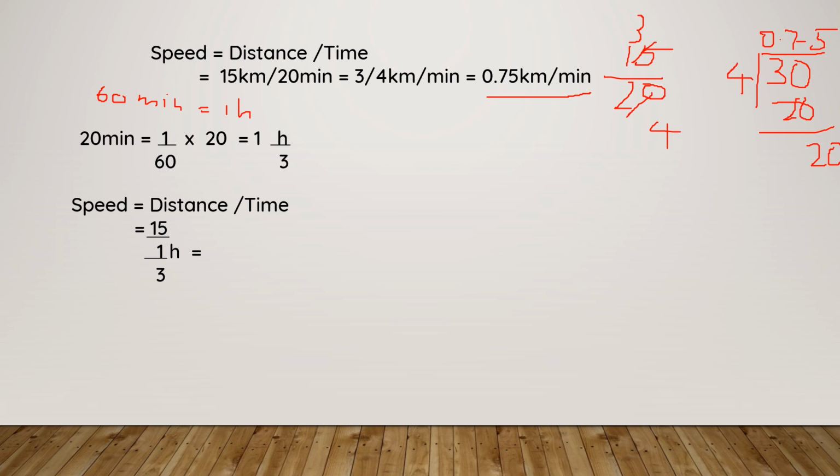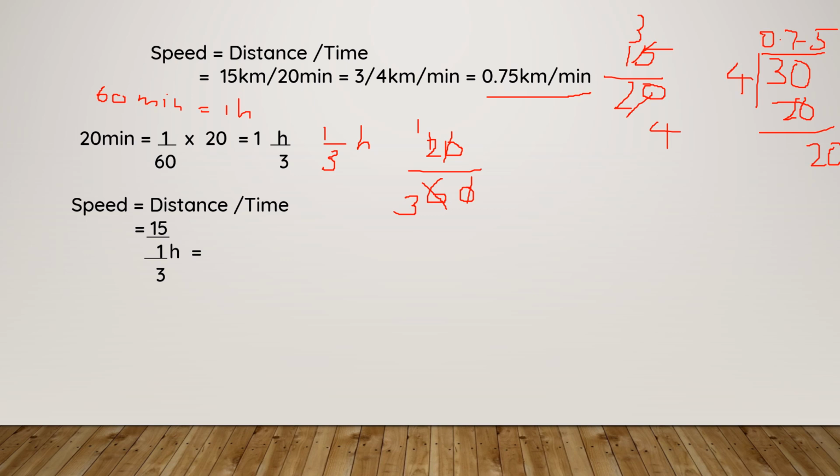So 20 by 60. We cut this 0, 0 and 2 one time and here 3. So 1 by 3 hour. So we convert this 20 minute to hour by dividing by 60.